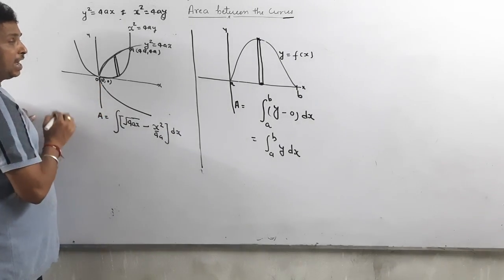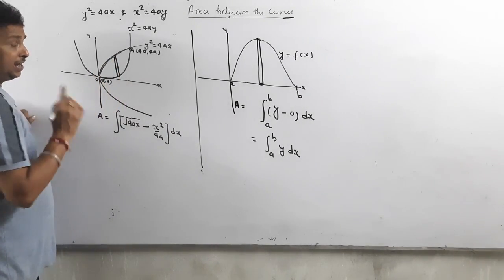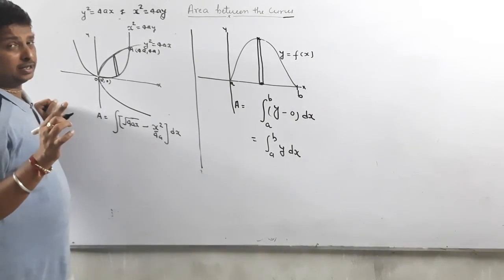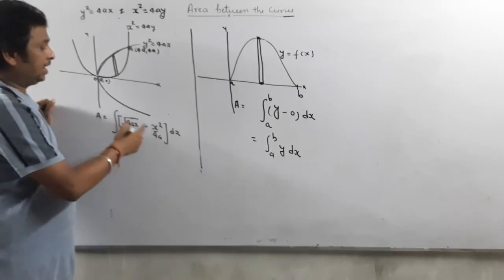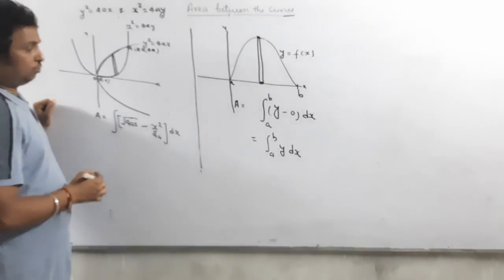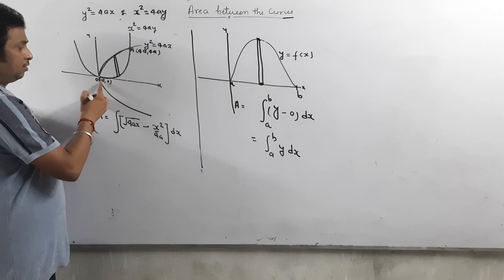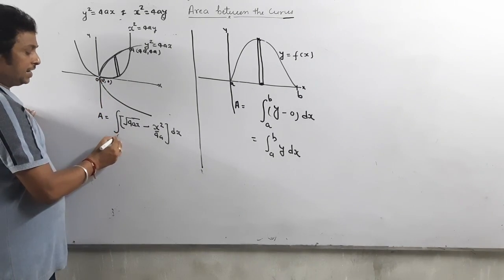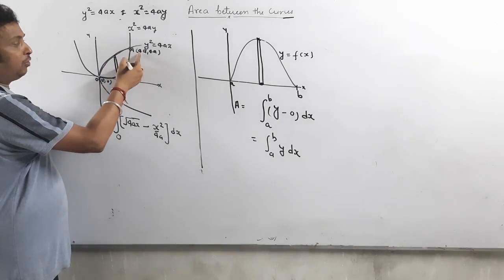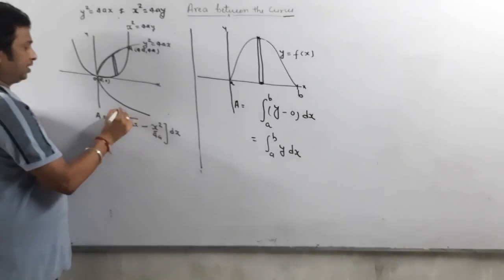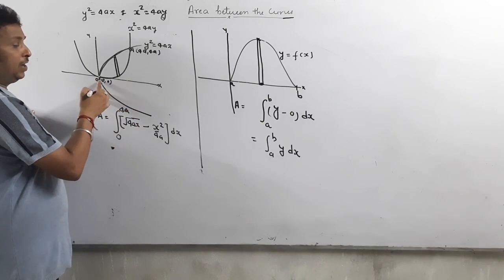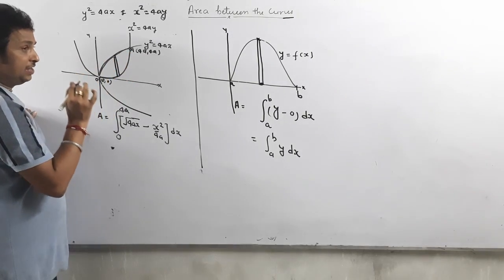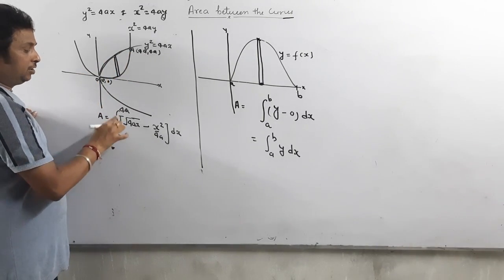Now the limit. The limit is always for x if you have taken a vertical line. If you take a horizontal line, it means you have to take the y limit, and then it is with respect to y. That question we will do later. So what is the starting point? What is the x value here? Starting from 0. What is the ending point of x? 4a. So the x value at the starting point and at the end point of the region is your limit.